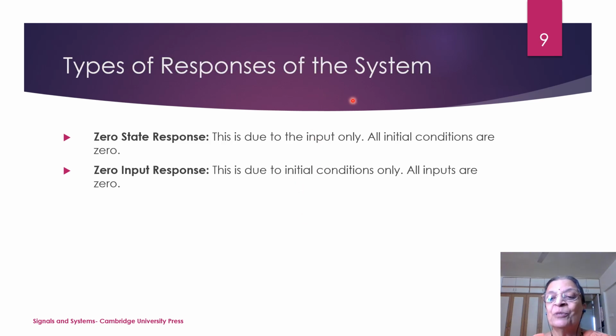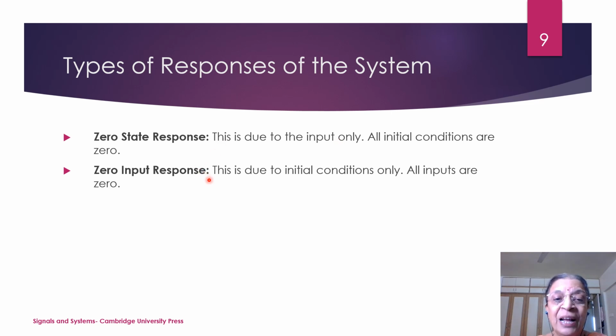So, types of responses. When we analyze the system, we extract the responses of the system as either zero state response or zero input response. Zero state response means there are no initial conditions. So under no initial conditions, we find the output of the system, and that is called the zero state response.